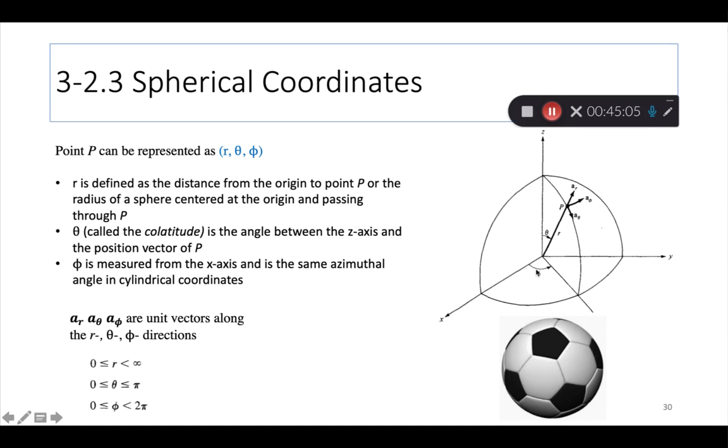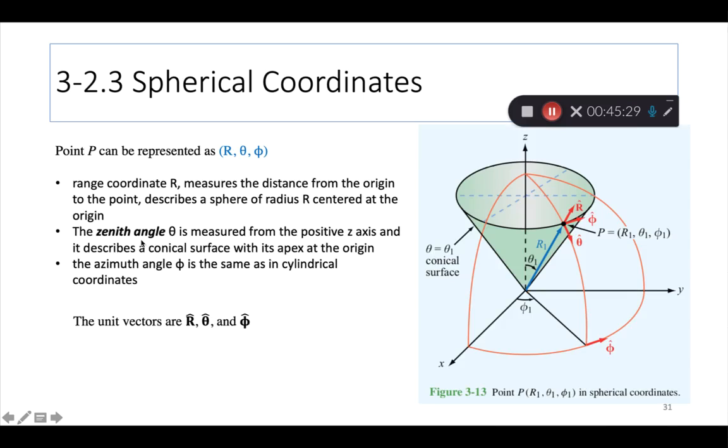So phi is like the theta of the previous system, but theta itself is a new thing, which is this angle, which is the angle between the z-axis and the r vector, I guess the vector from O to P. So become familiar with this and the terminology of spherical coordinates.